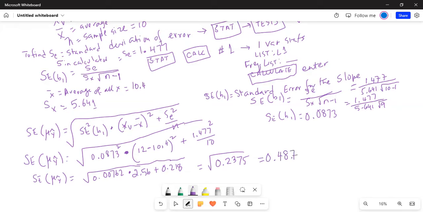That is the standard error of the average value of predicted y.